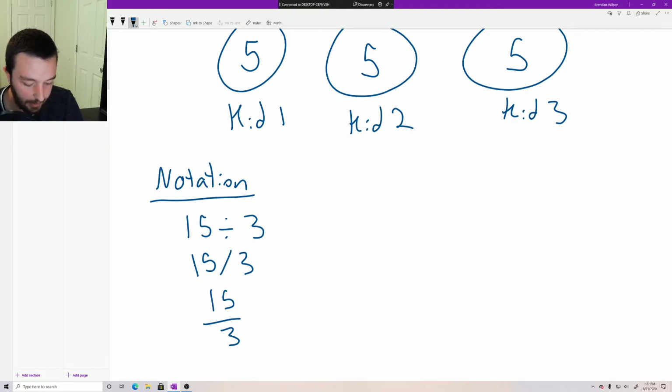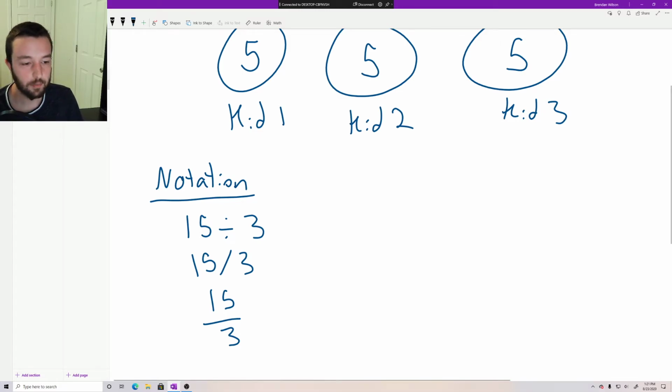But it's 15 on top, 3 on bottom, and a bar in the middle. We use the / to type it this way when there's not a program that'll let you write it as a fraction. Okay. I think these are pretty much the only ways. I don't think I'm forgetting any.